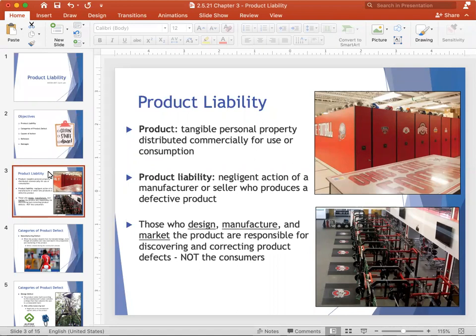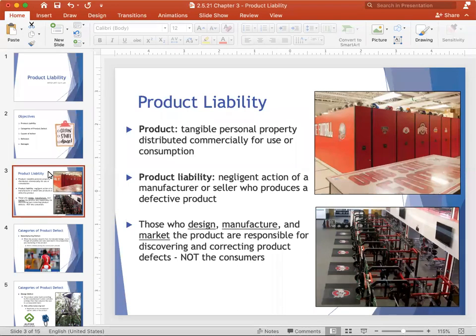Let's first start by thinking about product liability broadly. In the sport industry, we use sport and athletic equipment heavily in order to deliver our activities and services. As you'll see on this slide, examples of products in the sport industry may include personal athletic equipment that athletes use in their sport activities and competitions.